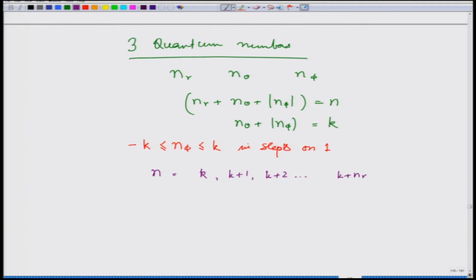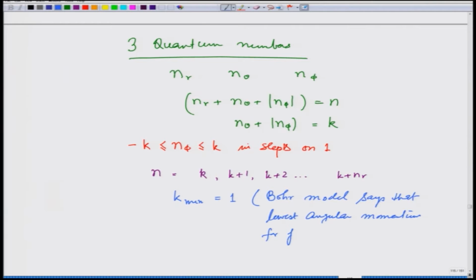So, let us now enumerate. The minimum value of k was equal to 1. Why? Because the Bohr model says that the lowest angular momentum for a particle is h over 2π. Since this k gave the angular momentum, the minimum value was 1.